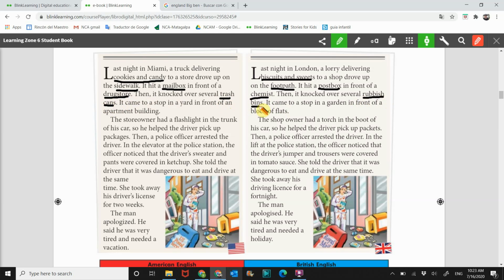Trash is the same as rubbish. And then yard, garden, apartment building, block of flats. So that's in the first paragraph. As you can see, 1, 2, 3, 4, 5, 6, 7 differences between the American English and the British English vocabulary. They mean the same thing, they just use different words than we do.